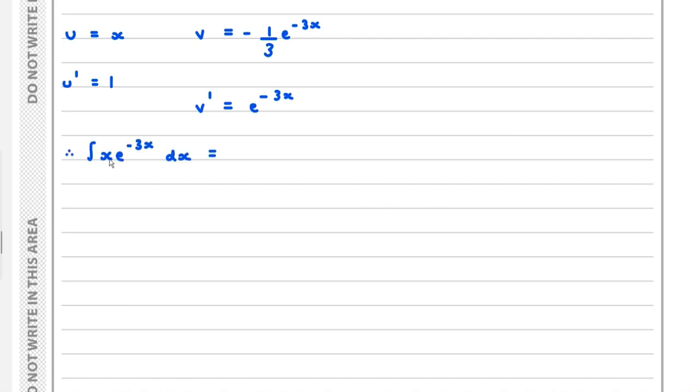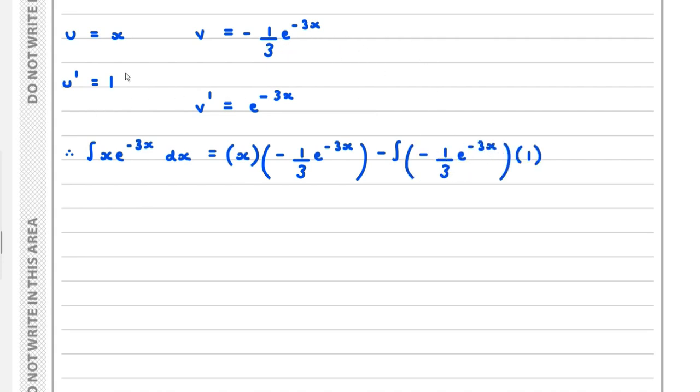So we have the integral of x e to the -3x with respect to x, that's equal to u, which is x, multiplied by v, which is -1/3 e to the -3x, subtract the integral of v, which is -1/3 e to the -3x, multiplied by u dash, which is 1, with respect to x, plus some constant of integration k.